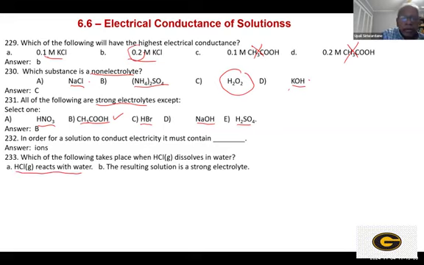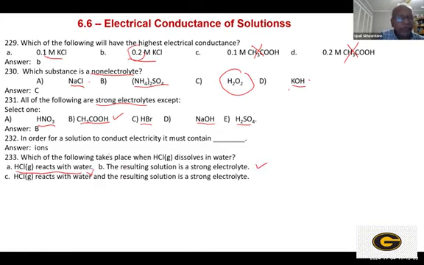It results in a strong electrolyte. That's true. HCl doesn't react. So the correct answer is so far A. Okay, it reacts with water. That's correct. The resulting solution, that's correct. Therefore, this is more correct. That's why C is the correct answer.